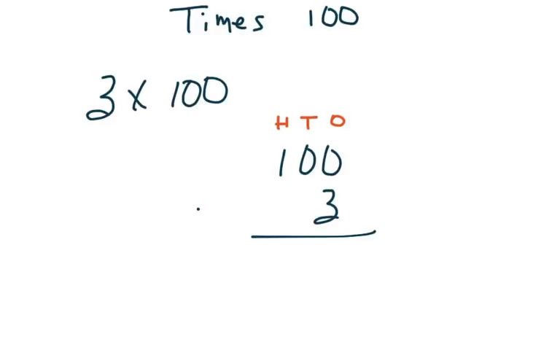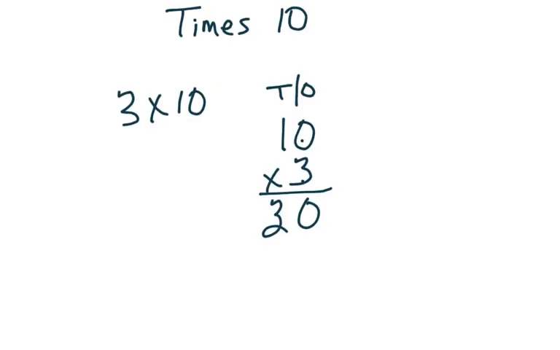Well, I have no ones and no tens. So when I multiply across, I get 0 ones. 3 times 0 is going to give me 0 tens. And then 3 times 1 is going to give me 3 hundreds. And so my product for that will be 300.